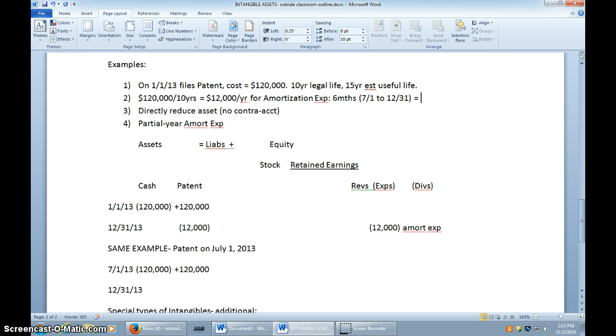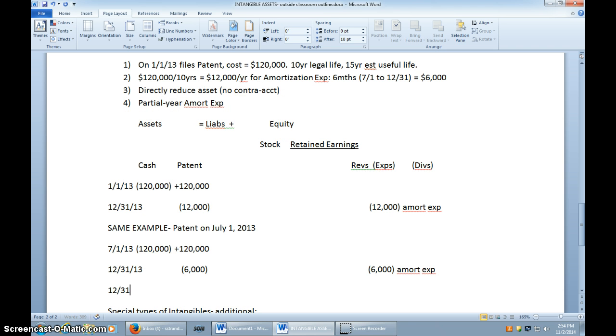So we're going to have a partial year worth of amortization, or $6,000 worth. Is the calculation right up here. So, how do we record that? It's going to be a direct reduction to the asset, and the recognition of an expense, $6,000 of amortization expense.